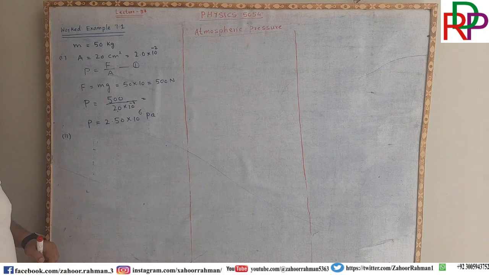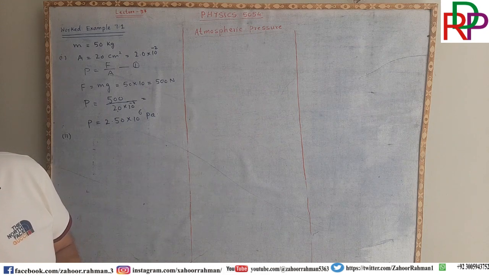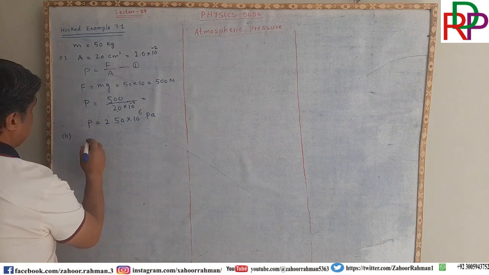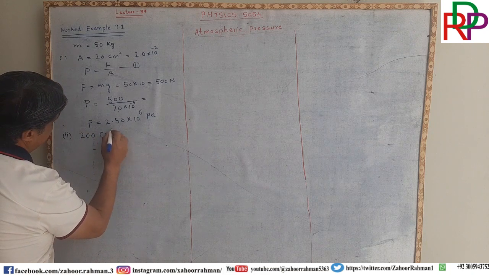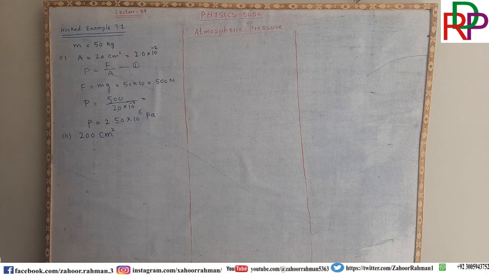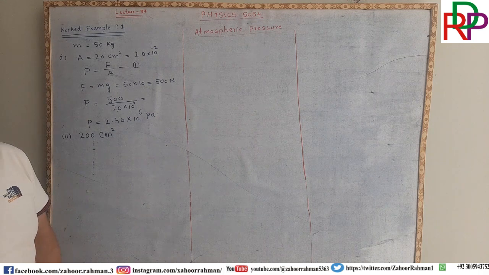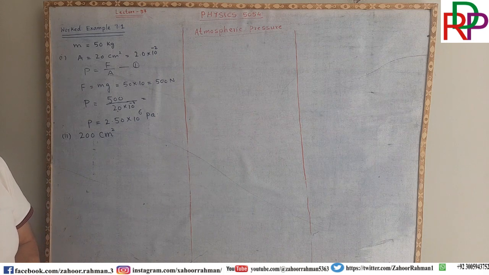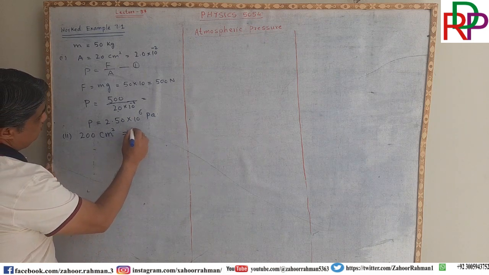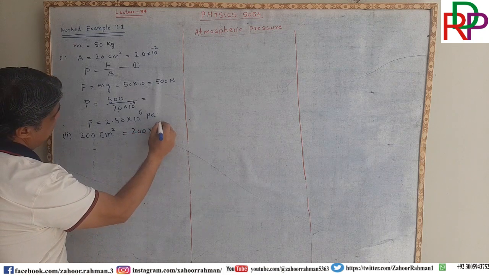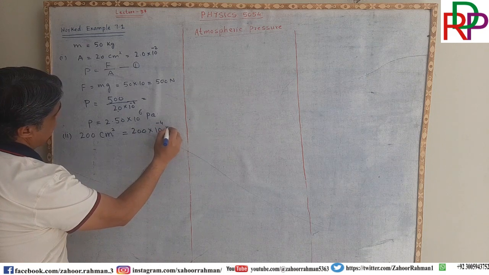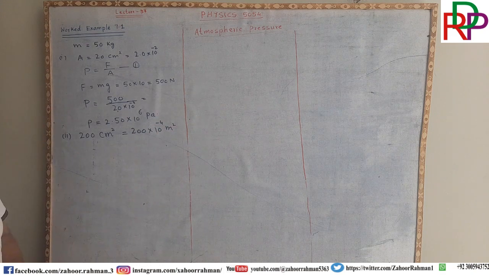In the second case, they are saying that the area in contact is 200 centimeter square. Now we have to convert this also: 200 centimeter square means 200 into 10 raised to the power -4 meter square.